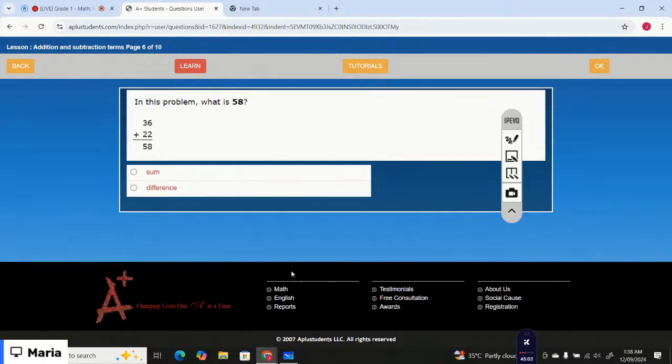Fifty-eight is the, yes, difference is, sorry, sum, because they are adding, the sum of 22 and 36.